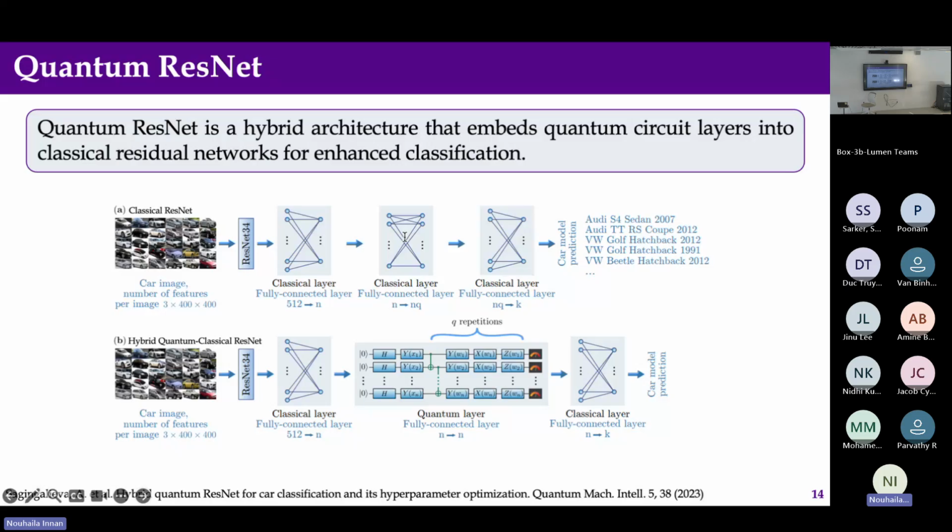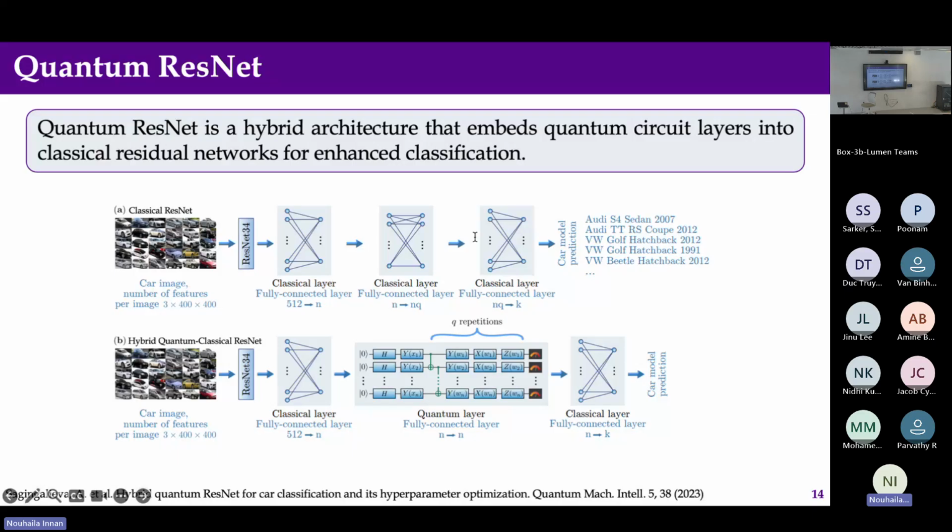Some car images are passed through a ResNet 34 backbone, followed by a series of fully connected layers. These layers progressively reduce the feature dimensions, eventually outputting a prediction of car models, for example Audi or BMW or different ones. And this is the standard deep learning approach for image classification.